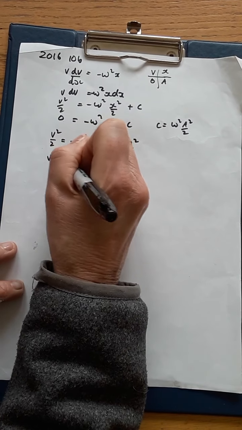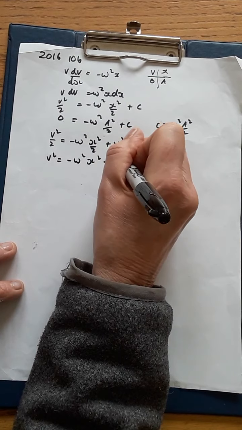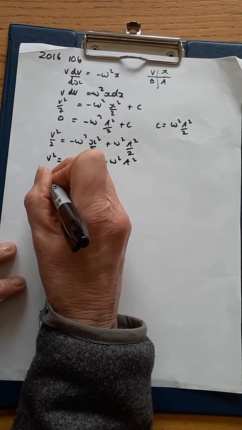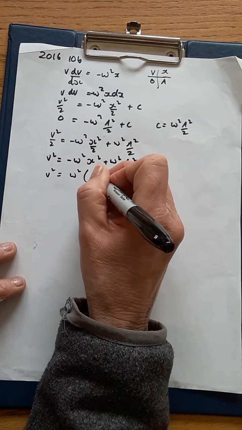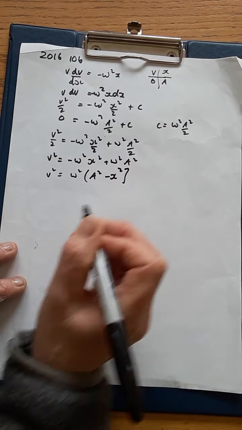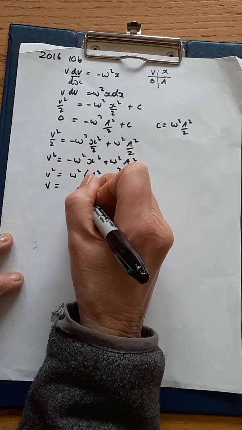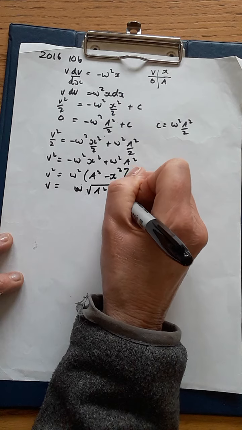So v squared is equal to minus omega squared x squared plus omega squared a squared. So I'll take out that omega squared. So v squared is equal to omega squared into a squared minus x squared when I rearrange it. And then velocity on its own is equal to omega by the square root of a squared minus x squared.